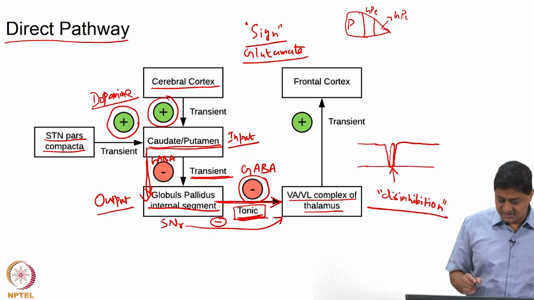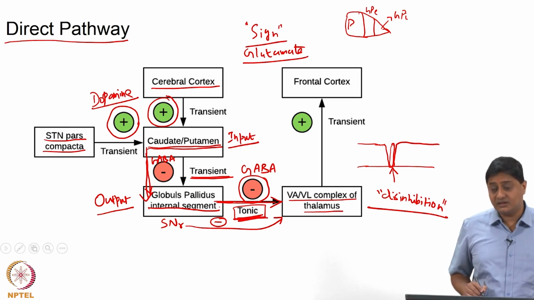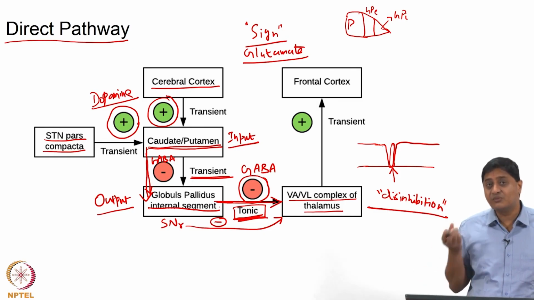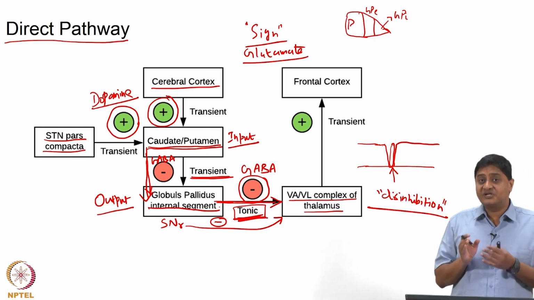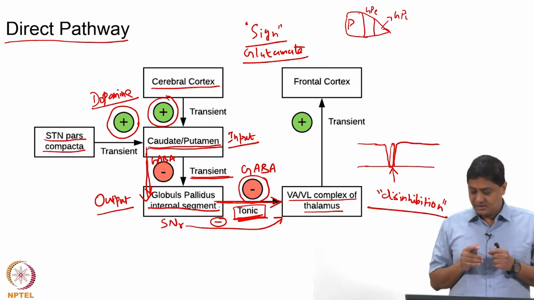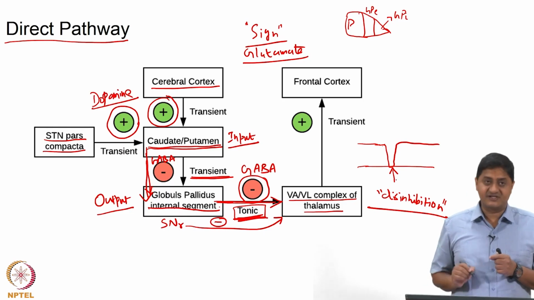This is the reason we started by explaining the tonic inhibition of the GPI neurons. GPI neurons providing tonic inhibition to the thalamocortical neurons is the most crucial element that you should remember. If this tonic inhibition is halted briefly, that means there is going to be disinhibition, like it has been shown here, right.